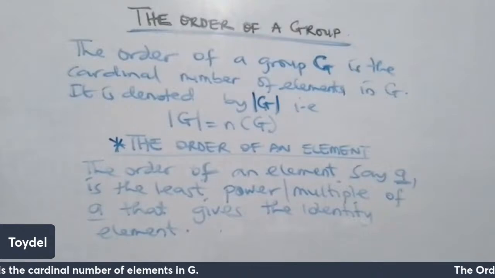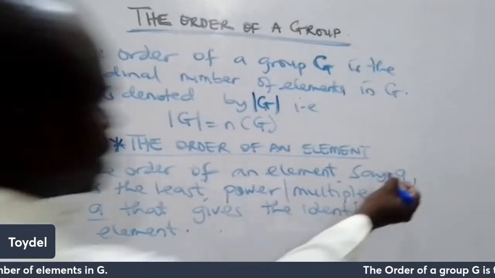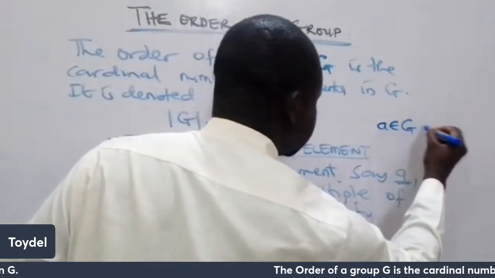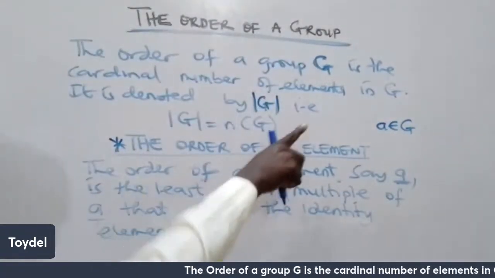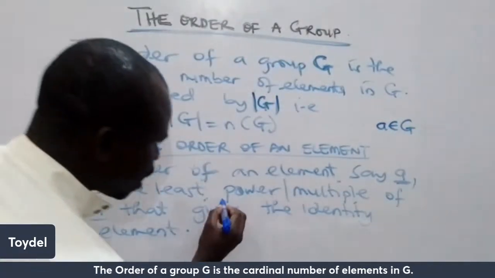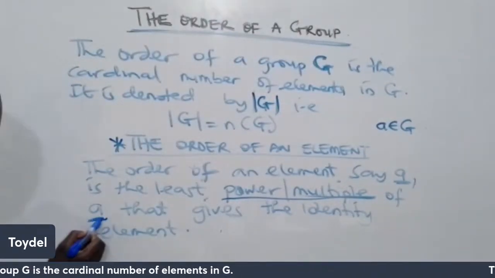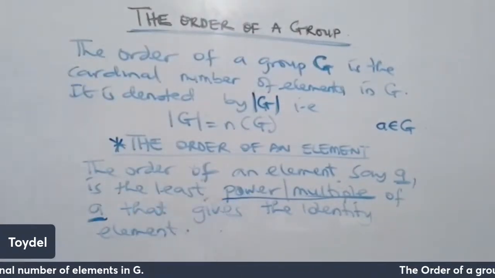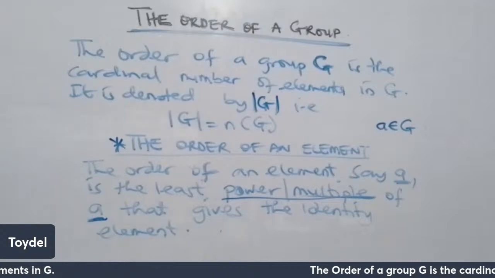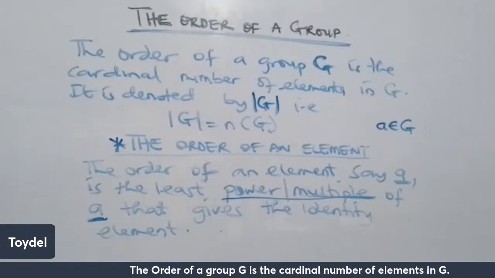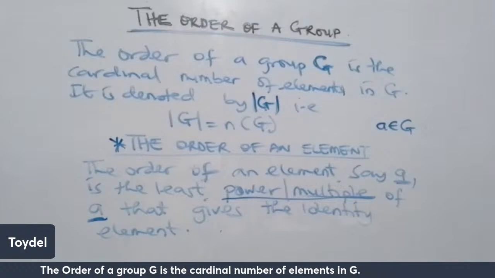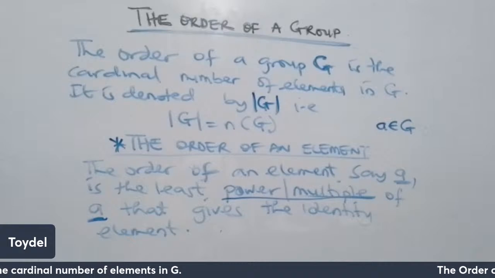The order of an element, say a. In this case, a is an element in G, in that group. The order of an element, say a, is the least power or multiple of a that gives the identity element. Please note, if you are to define the order of an element in terms of a group, that is the definition: the least power or multiple of a that gives the identity element.